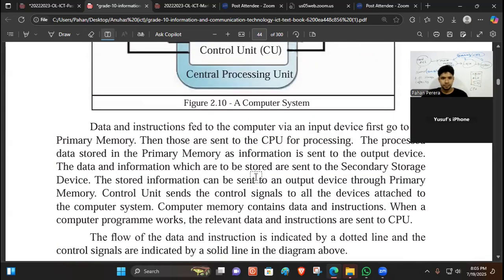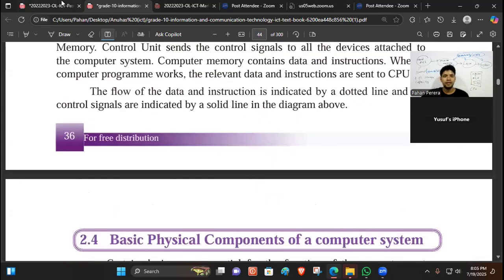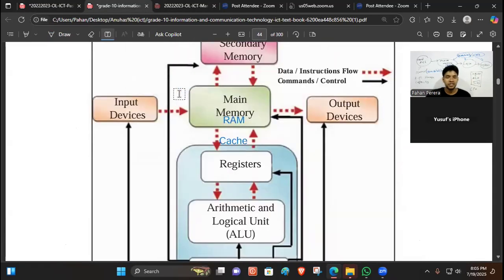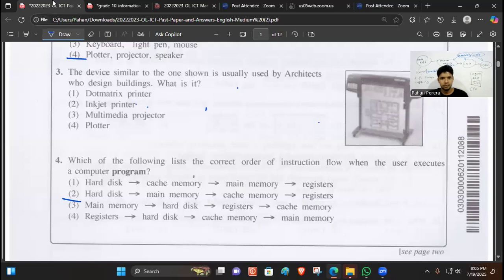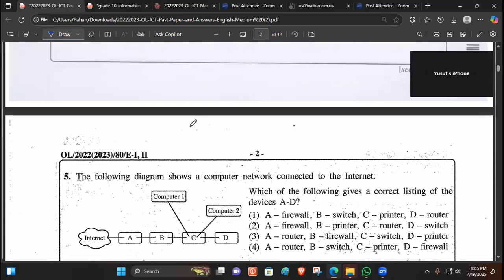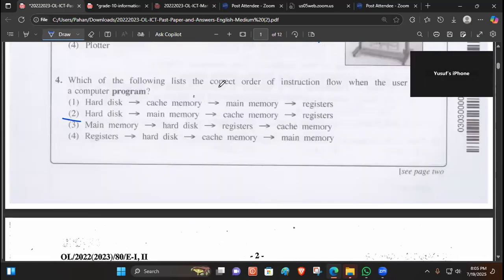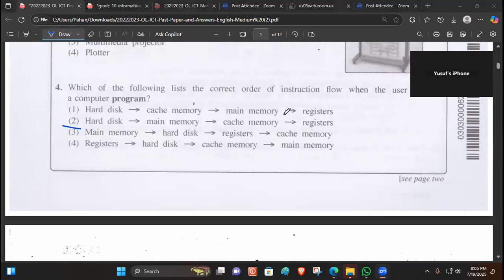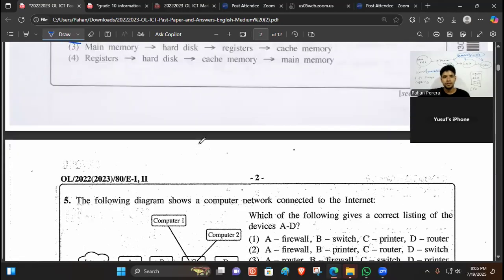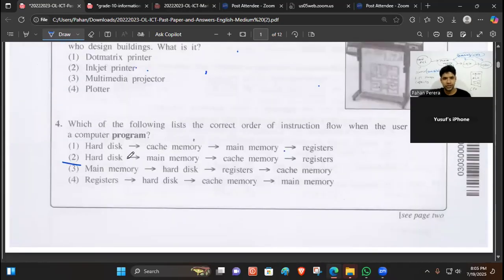Now, I think you have some idea about the functions of a computer system. Okay, then the answer for the fourth question, the second one, is how the data will move.